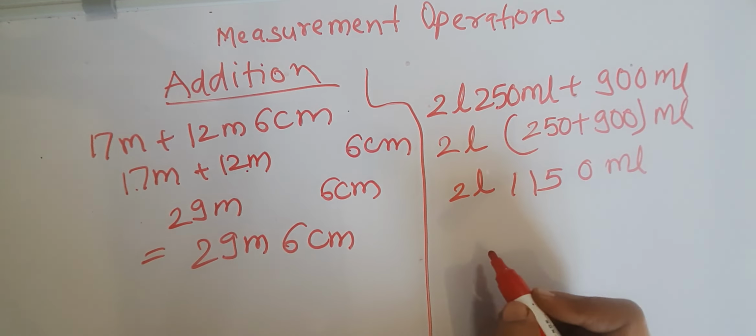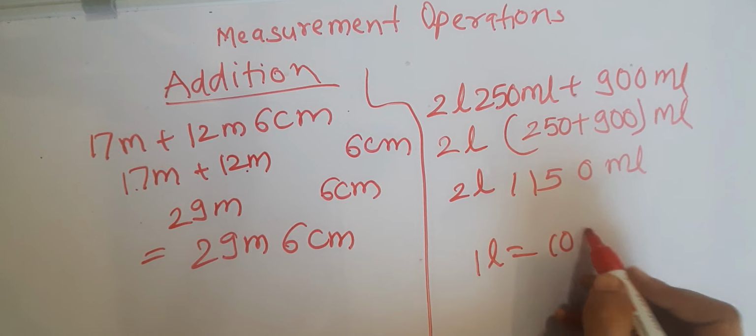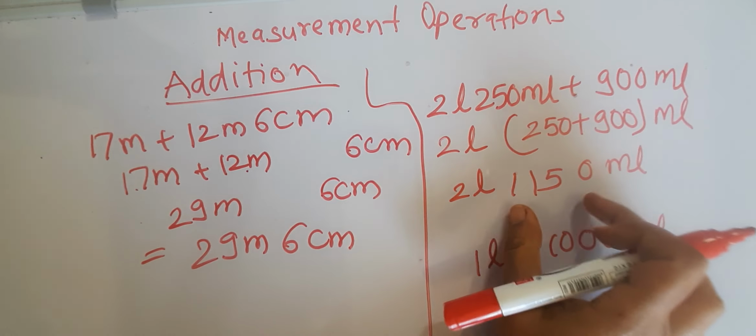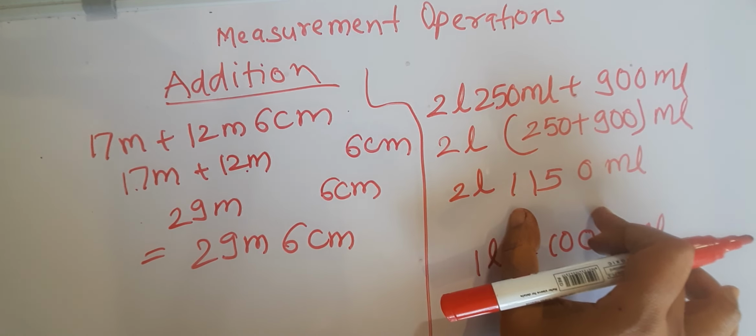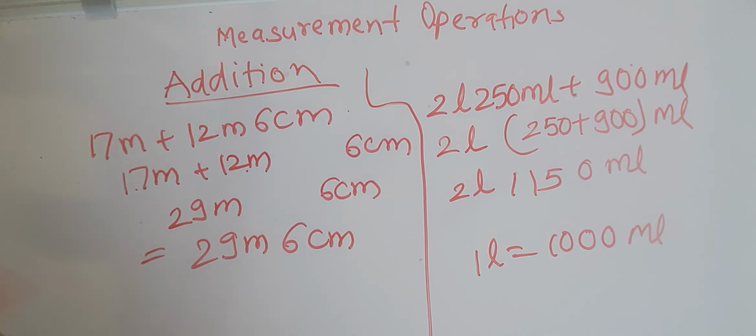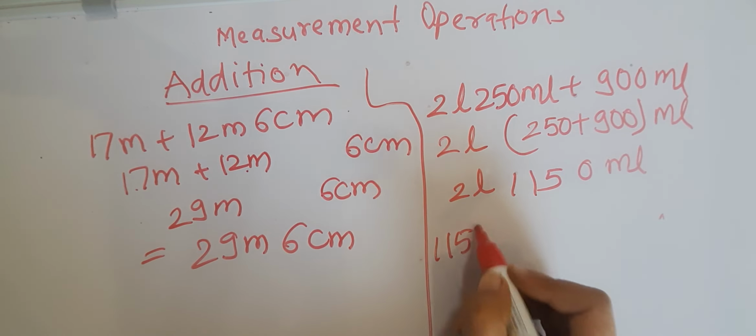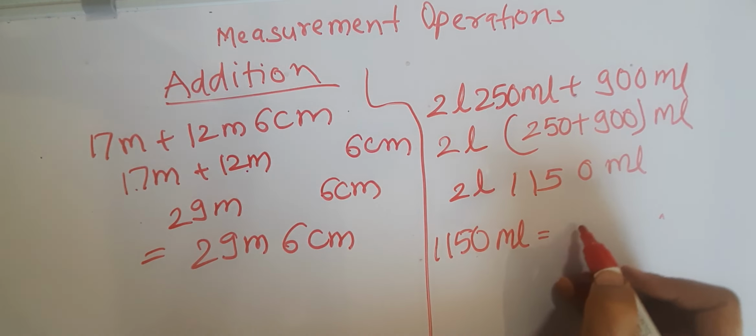We know 1 liter equals 1000 milliliter, so we can convert it into liter. How can I convert 1150 milliliter into liter?